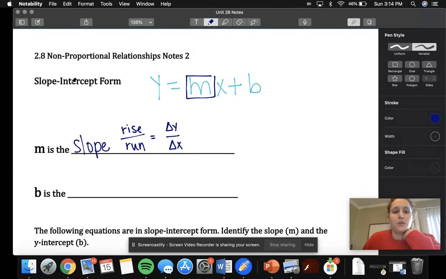And then the other word is intercept, and that is what the b value represents, and that is your y-intercept. And that is where your line crosses the y-axis.